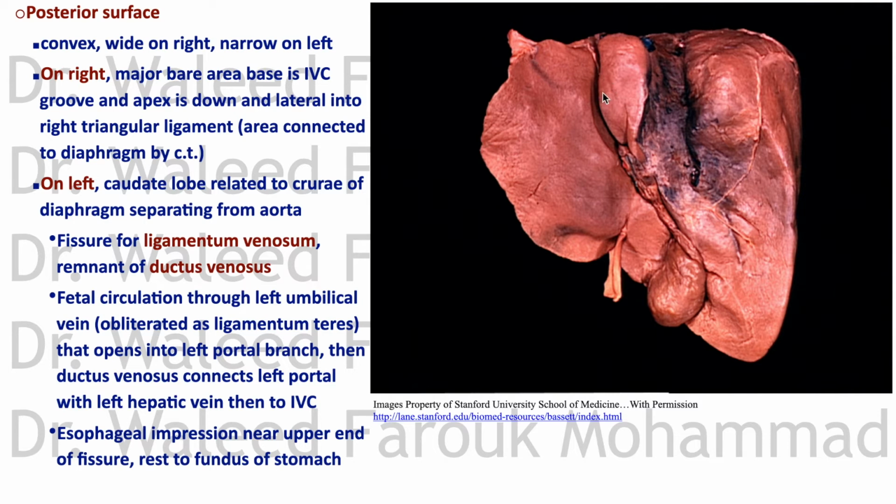On this surface there is an impression. See this impression? This is the impression of the esophagus going into the stomach. But remember the esophageal impression in this area, left to the fissure for ligamentum venosum and the caudate lobe of liver.